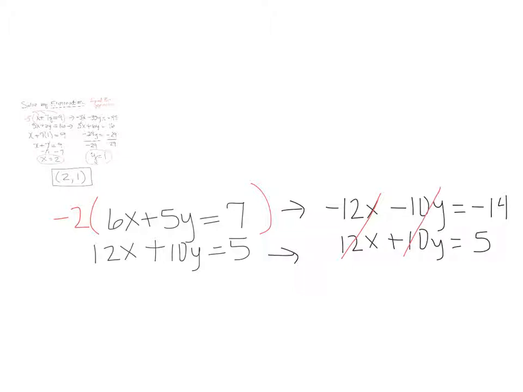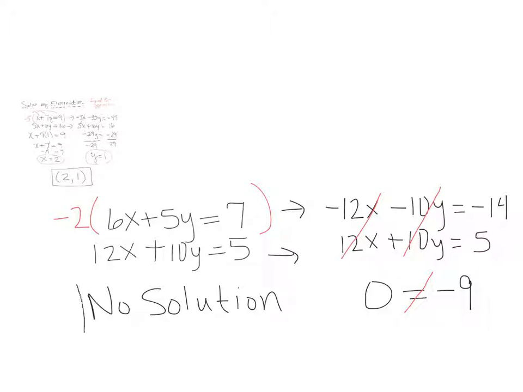And we're left with 0 equals negative 9, which we know is actually not true. 0 could never equal negative 9. So this system is said to have no solution.